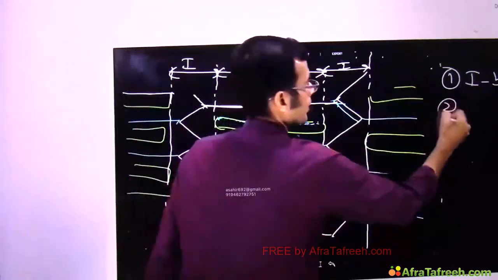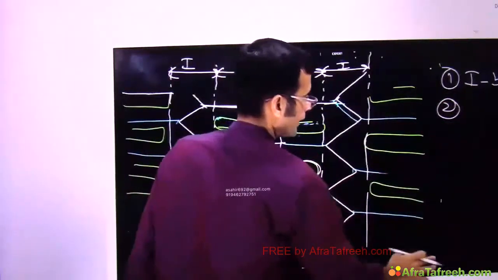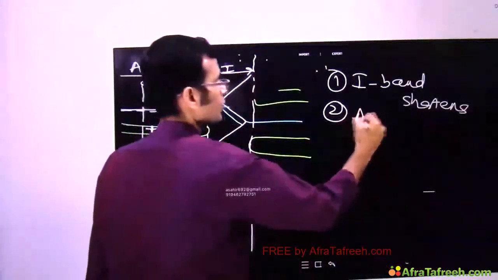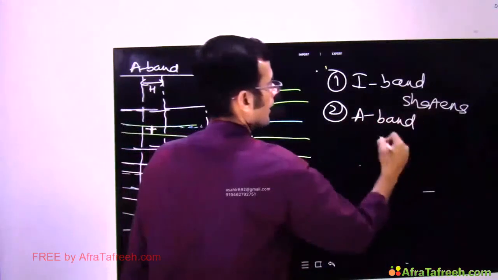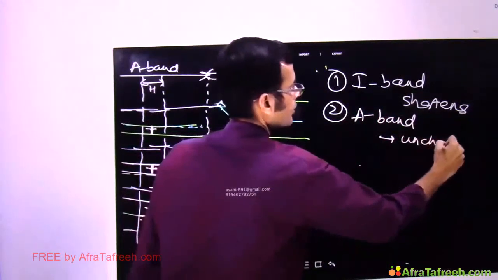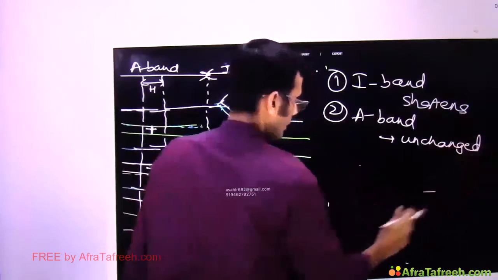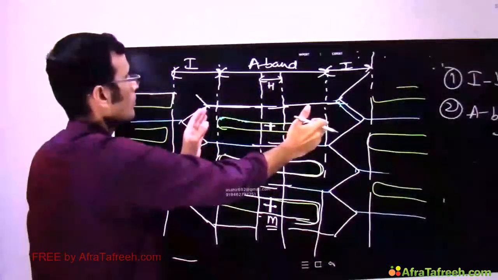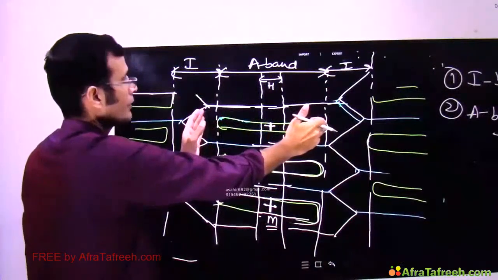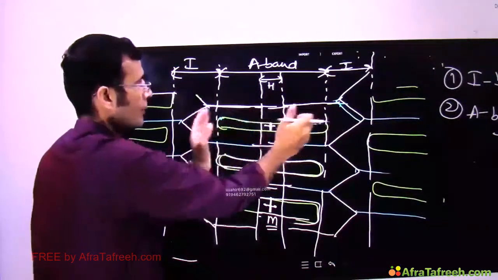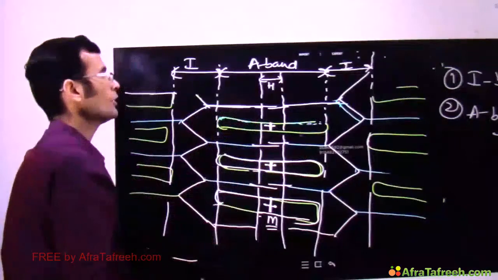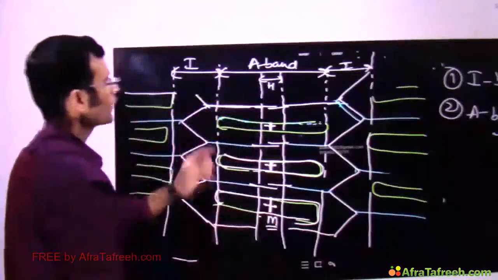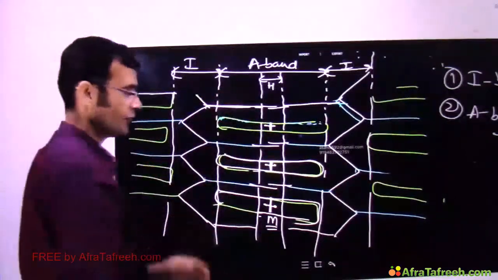Second, it's not a change, but we can say the A band remains unchanged in its width, because the A band width is the width of the thick filament, and thick filament is not going to shorten. It will remain so, and therefore the A band remains unchanged in its width.